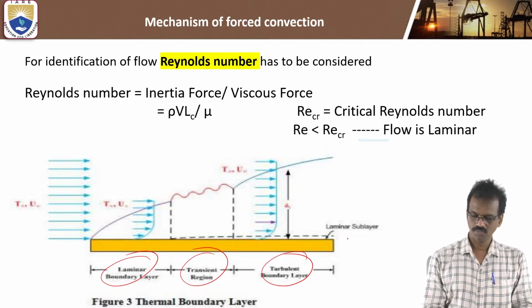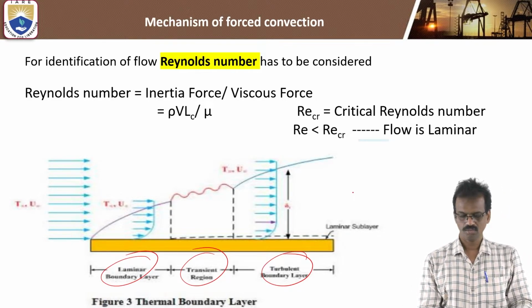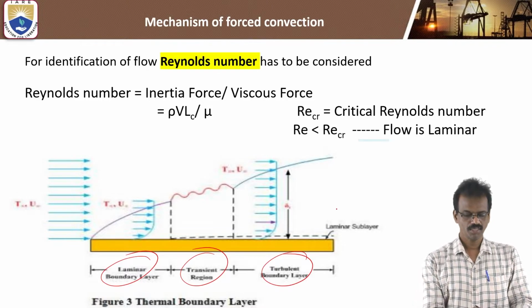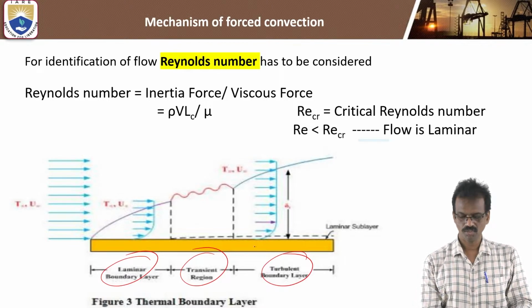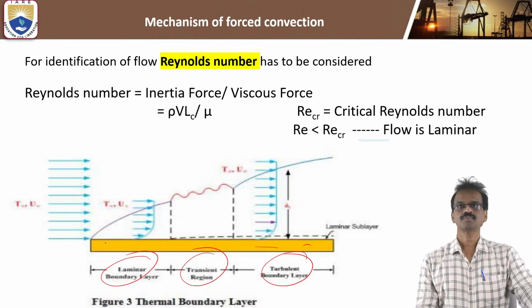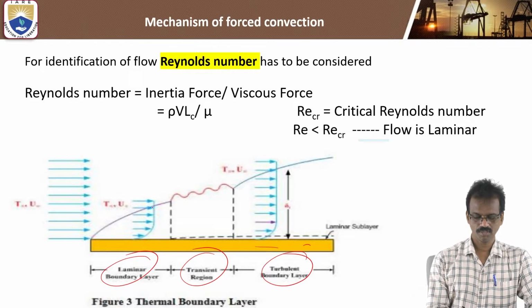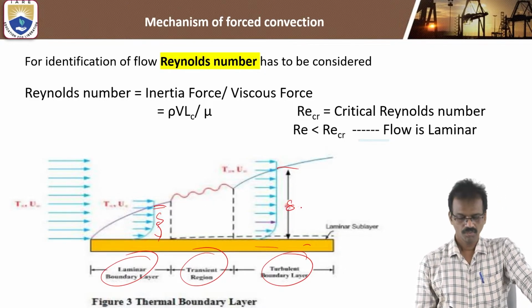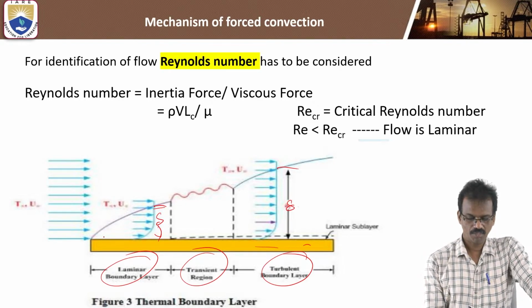This is the same forced convection. The fluid is flowing on the solid surface like this, and you know this is the velocity profile. At this point that is the delta, and here also at this point that is the delta. In laminar flow, the fluid particles are parallel to each other and move in a uniform direction.